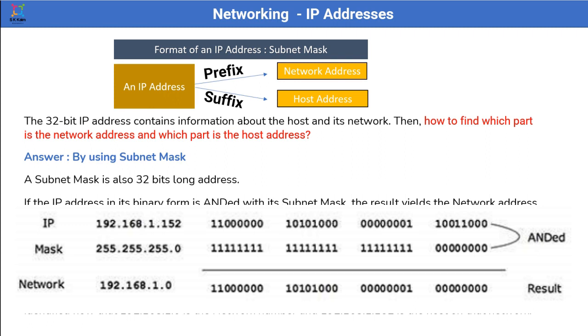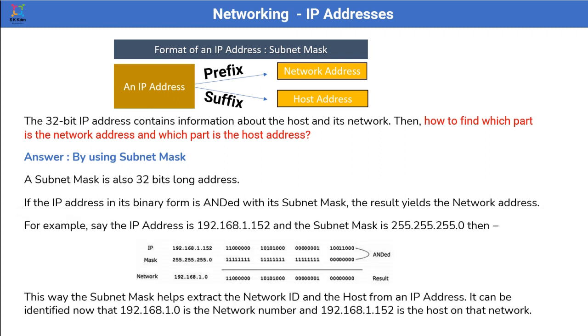We'll get the result which will provide us the network address of this host, which in this case is 192.168.1.0. So we can say that the subnet mask helps us to extract the network ID and the host ID from an IP address. So 192.168.1.0 is the network address, while 192.168.1.152 is the host on that network.